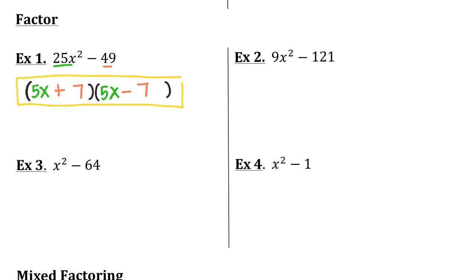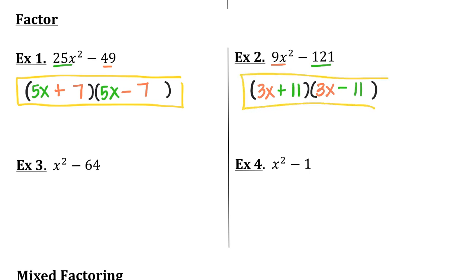Okay, let's look. This is 9x to the second minus 121, so it looks like a difference of squares. Okay, if I do 9x to the second, that's 3x times 3x. Since it's negative 121, that's got to be a positive and a negative, and it's 11 times 11. And you could multiply it to check, but because of the pattern, I know it's going to work.